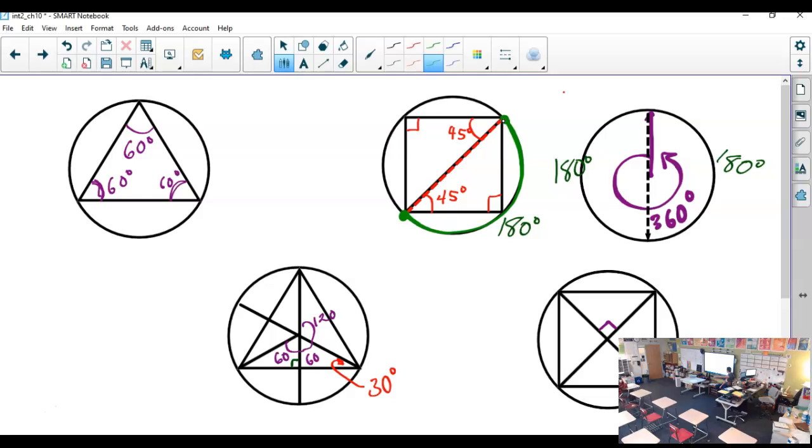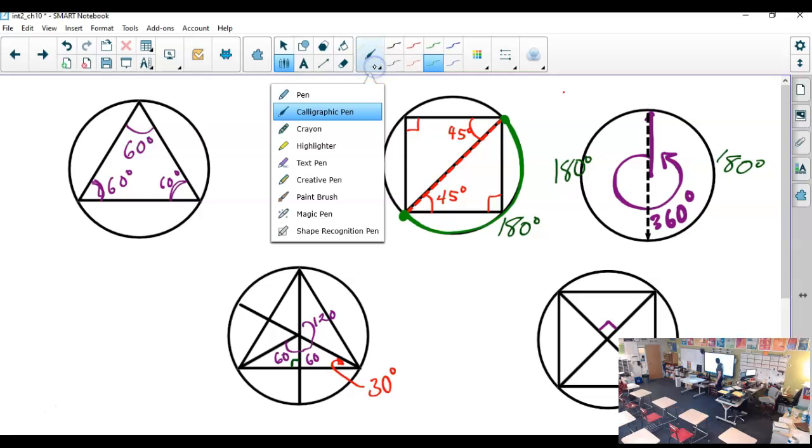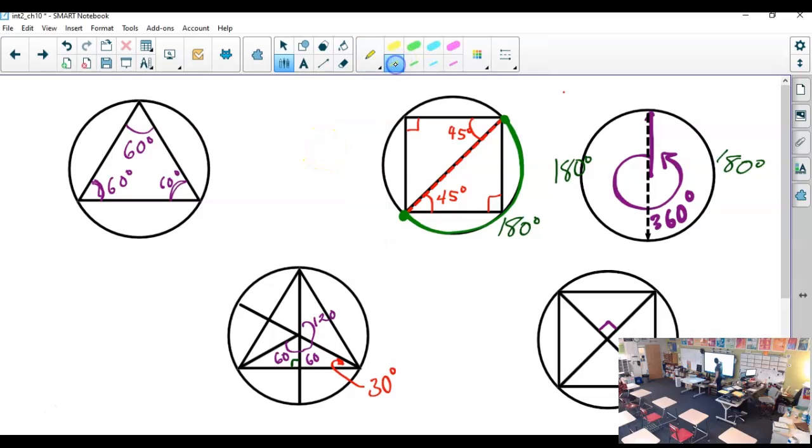So what Akshay just said was, if I look at this part of our shape, we've got half of the square, or a triangle. What we really care about is that we've got a 90-degree angle right here, and across from that, we know this is 180 degrees of arc measure.